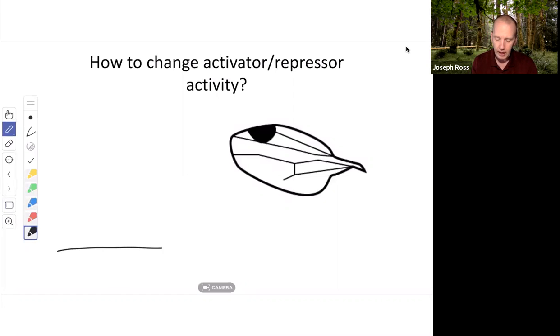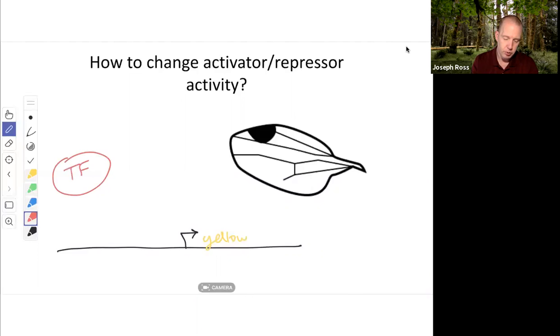Well, assuming that yellow is involved, what scientists might want to do is look for transcription factors that would presumably bind to a promoter or an enhancer, more likely an enhancer than a promoter.